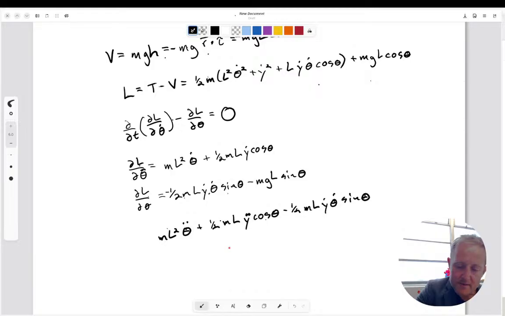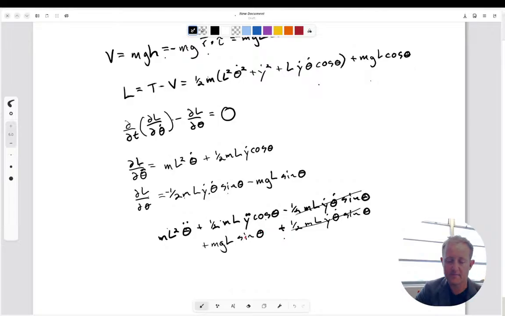And now I'll subtract from that dL/dθ, so a minus, plus a 1/2 m L ẏ θ̇ sine θ. Those two cancel out. And then a plus an m g L sine θ.